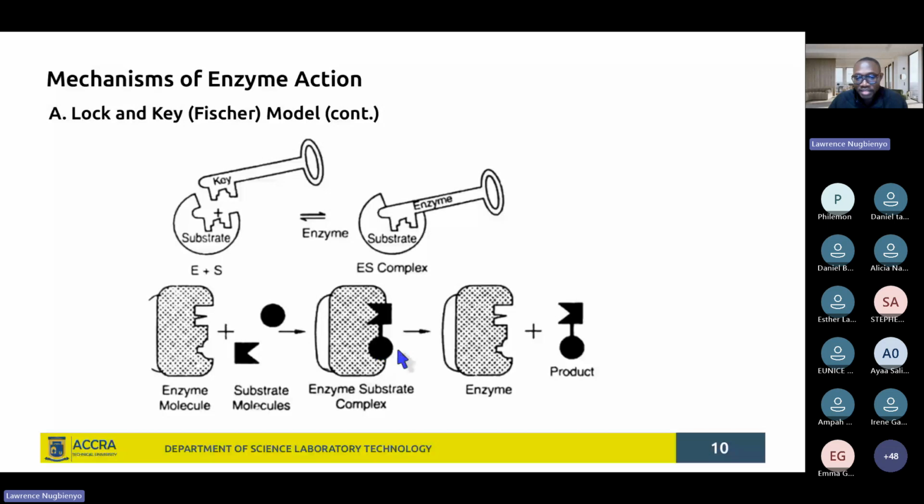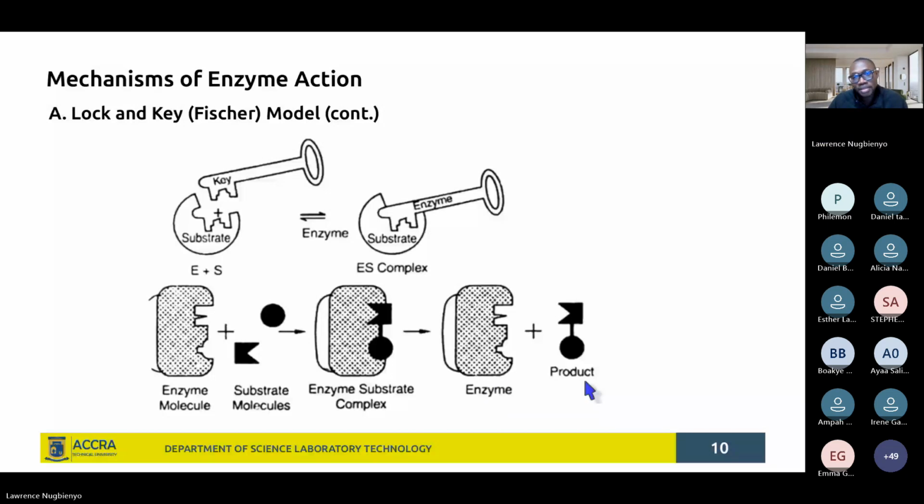And once products are formed, the product is then dissociated from the enzyme. So in the end, you have the product and you have the free enzyme that can bind to more substrate molecules and carry out further reactions. The reaction continues until all the substrate molecules are reacted and converted to their products.